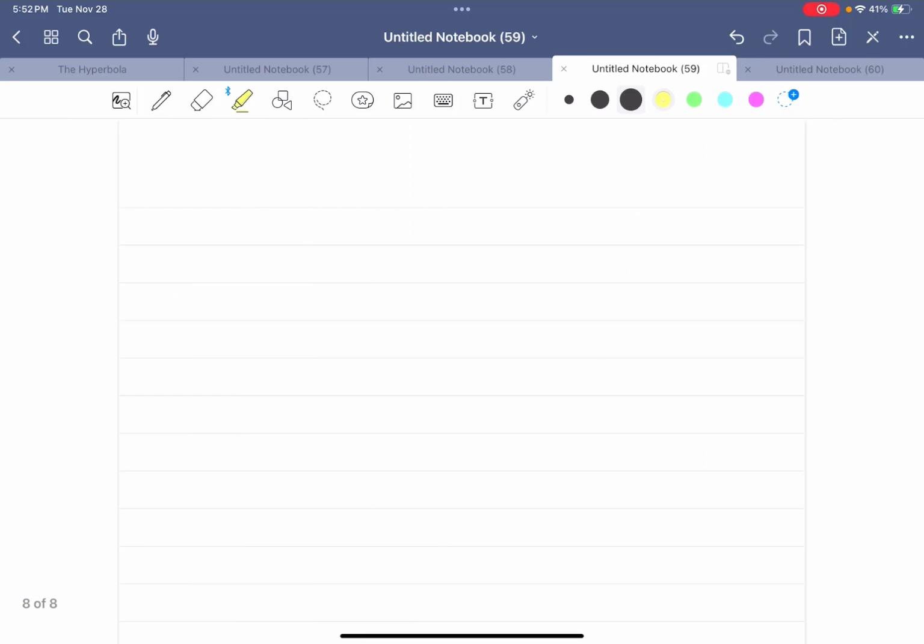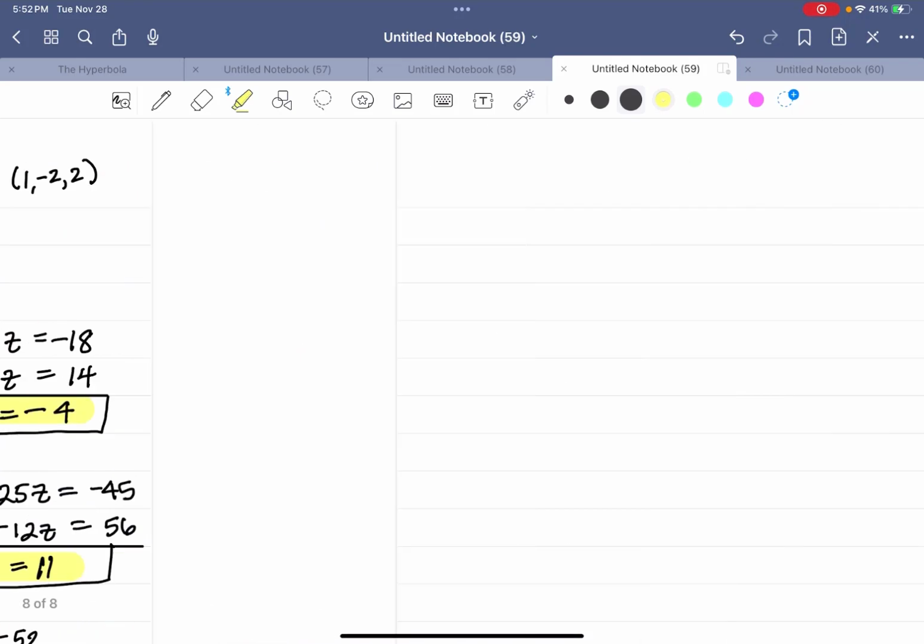So let me do just one more of those, because it's a pretty long process. It's a lot of arithmetic, so you have to be really careful to not make an arithmetic mistake. So let's see.